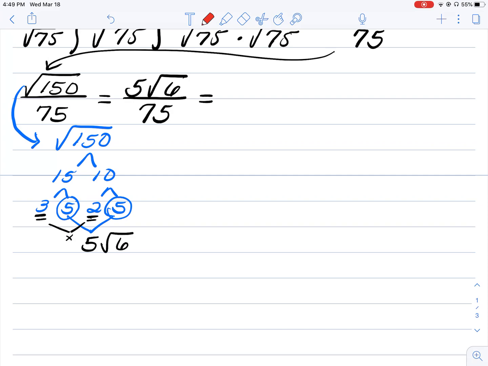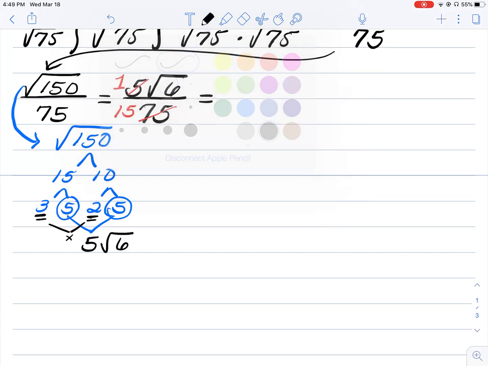For example, is there a number that goes into 5 and 75? There sure is. 5, right? If I divide this by 5 and I divide this by 5, let's see what we actually get. 5 divided by 5 is 1, and 75 divided by 5 is 15.